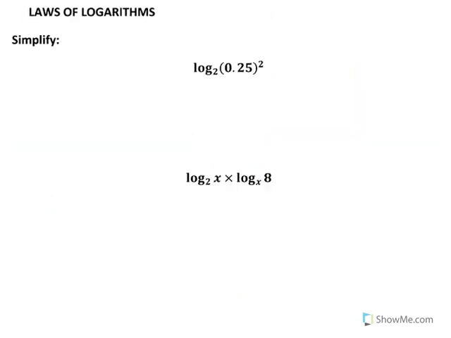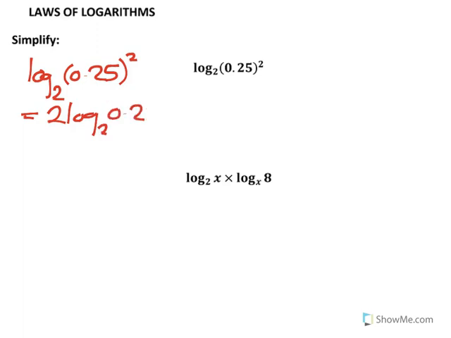The next question we're having is simplify log in base 2 of 0.25 squared. Here, if I can use my red pen, log in base 2 of 0.25 squared. This is equal to, I can drop that 2, as 2 log in base 2 of 0.25.